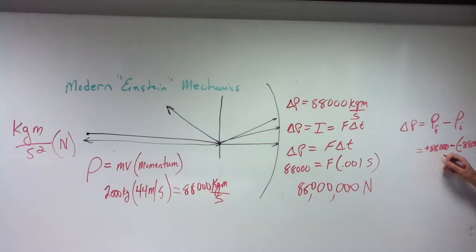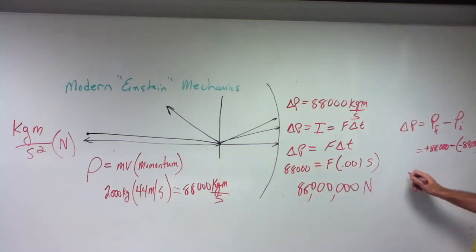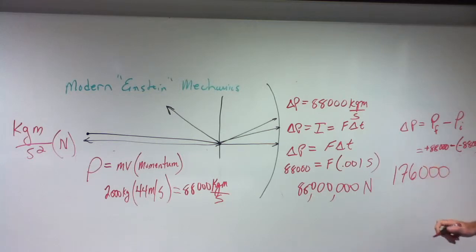So what's 88 plus 88? 176. And then 8 zeros.